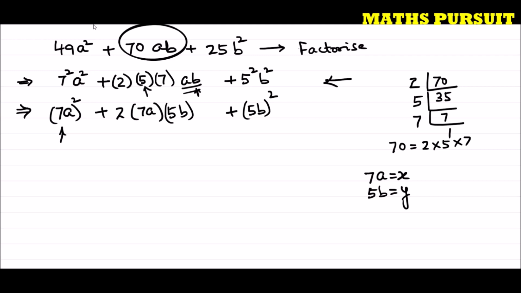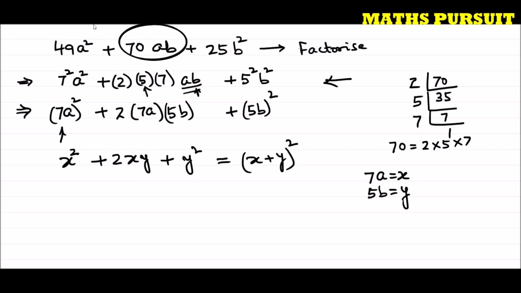Now if I consider 7a as x and 5b as y, I can write x to the power 2 plus 2 into x into y plus y to the power 2. So what we are getting is x to the power 2 plus 2xy plus y to the power 2, which is nothing but x plus y to the power 2. If we evaluate x plus y to the power 2, we will get x to the power 2 plus 2xy plus y to the power 2.